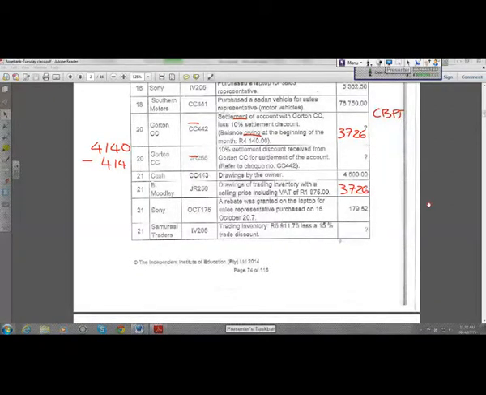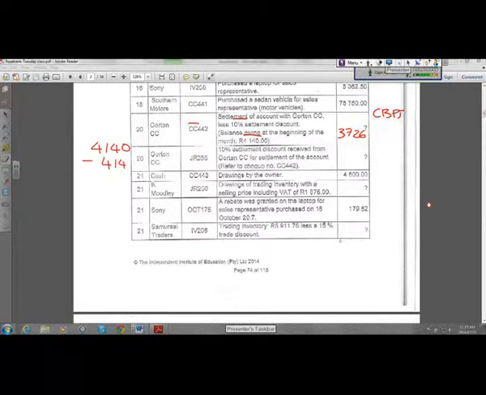And then here they say 10% settlement discount received from Gorton CC for settlement of the account referred to check number 442. This one is basically related to that.